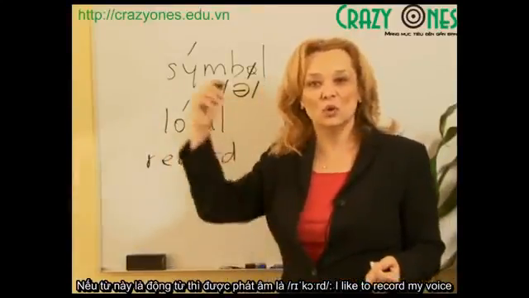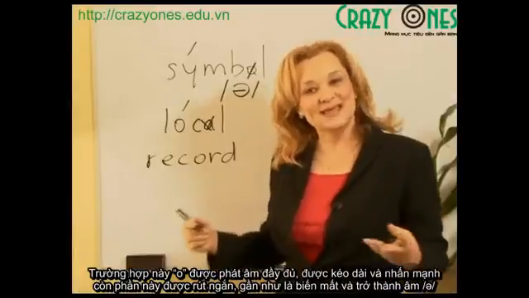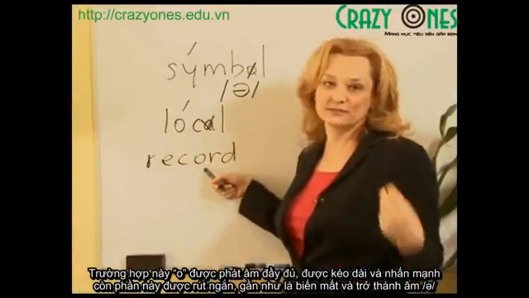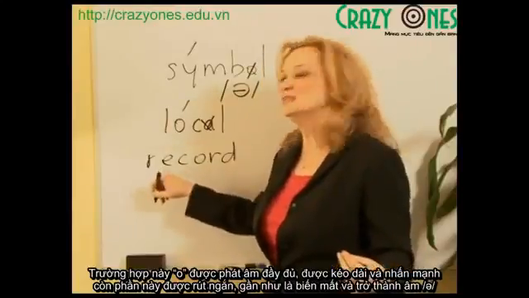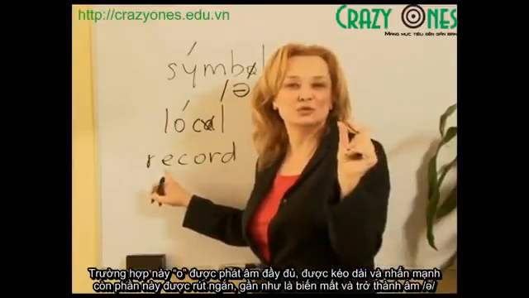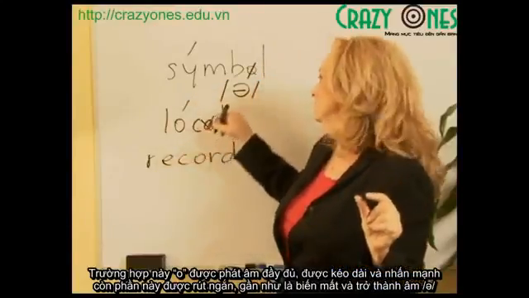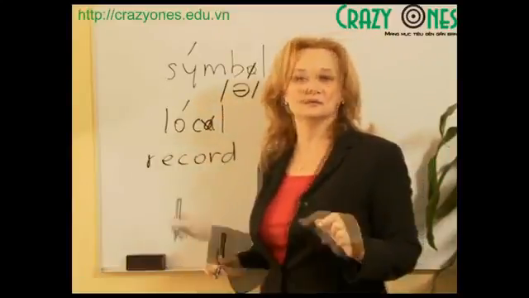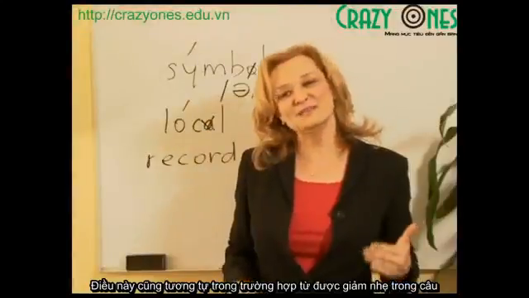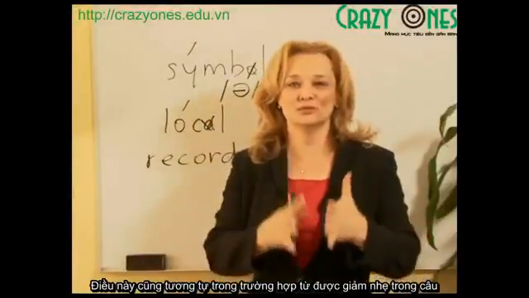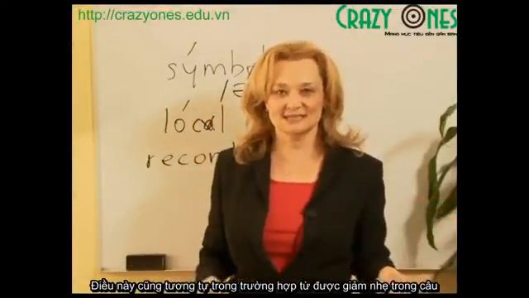I'd like to record my voice. In that case, the O is fully pronounced, it's prolonged, and it's stressed. And this part now becomes short. It almost disappears, and it becomes the uh sound. The same thing happens when words are reduced within sentences.